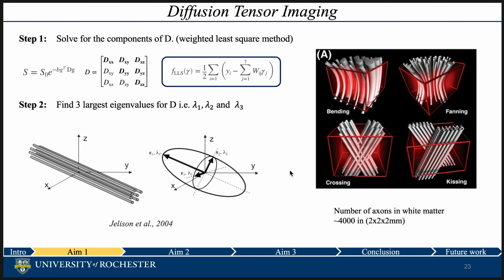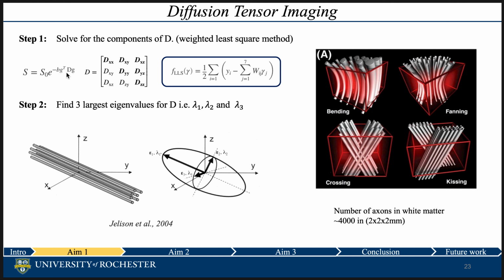Now, a bit of background about diffusion tensor imaging. For this kind of model, we basically solve this equation right here. From the scanner, we already know the diffusion signal S. We already collected the S0 reference image in the first step, and we already know the B value and this G vector from our protocol.